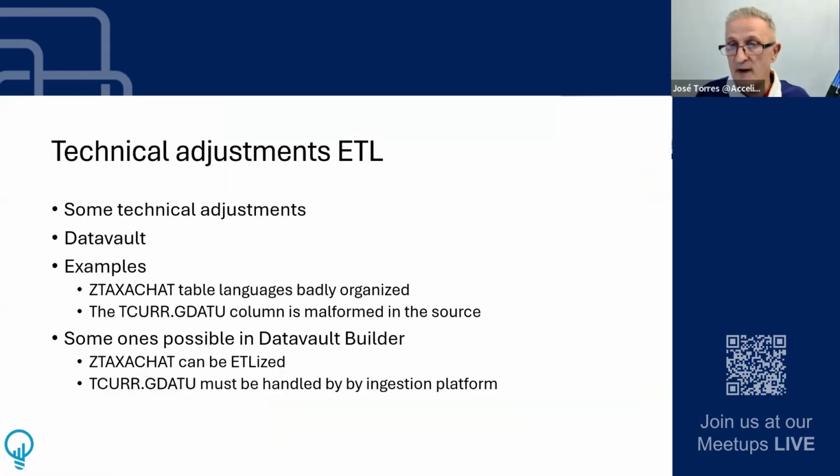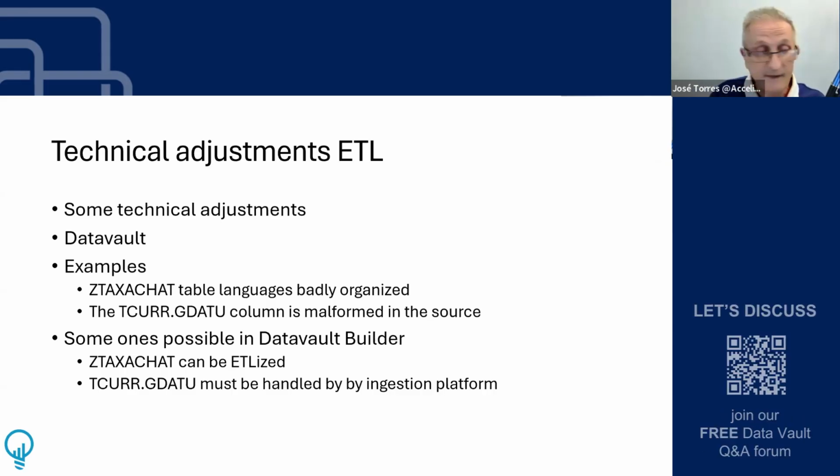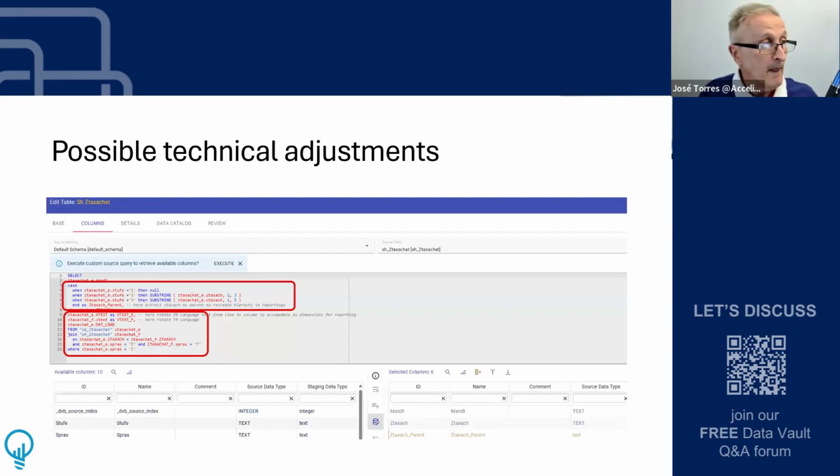Actually, ETL is not part of Data Vault, but in this automation we are using, which is Data Vault Builder, we have a little facility that we can implement at the entry of the pipeline. Some others are not possible, such as Taker J Day 2, because it is very buggy inside SAP, and it needs some Python code to reshape the data at the entry of the data lake.